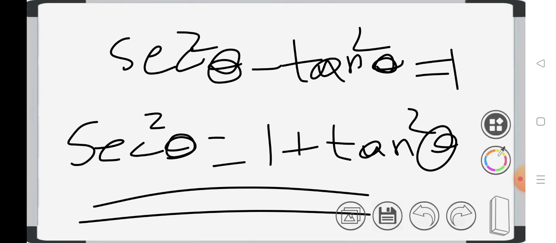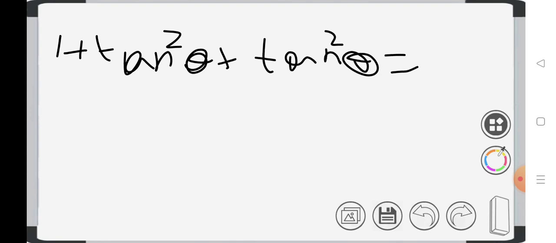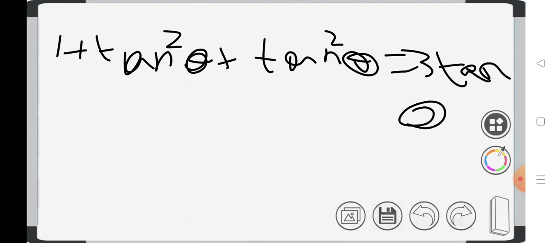Now what we got: I am changing 1 plus tan square theta as secant square, and I will keep the tan square theta the same. 1 plus tan square theta plus tan square theta is equal to 3 tan theta.